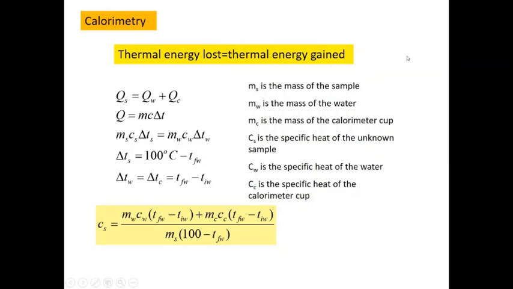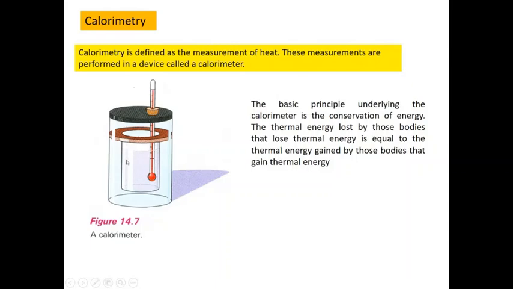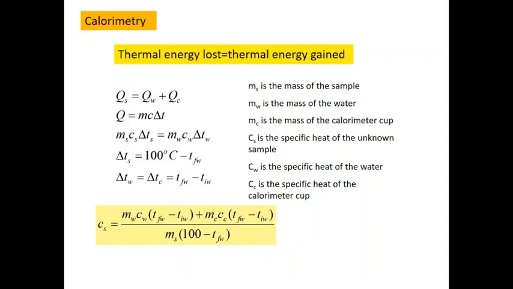For example, if you put some body inside this liquid, then this body exchanges heat with the water if they have different temperatures. And this equation is called the heat balance equation. Thermal energy lost is equal to thermal energy gained.